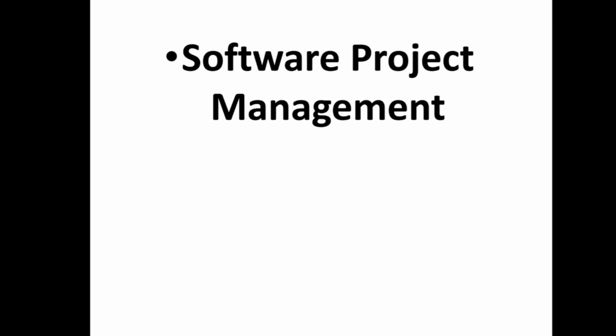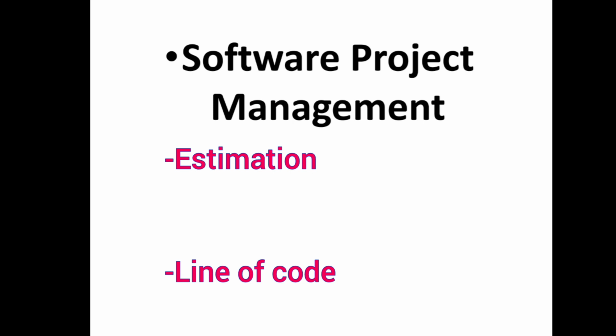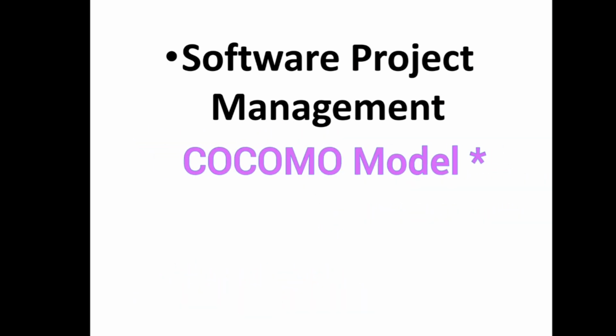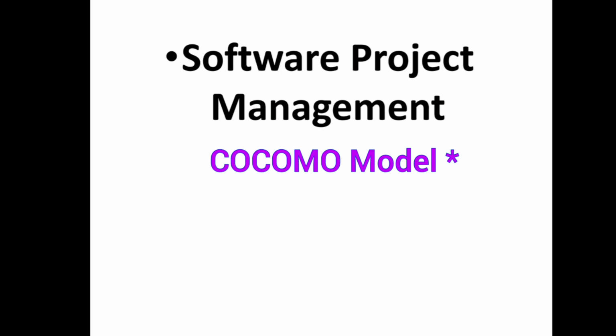So the next main topic is software project management. This is an important topic because here we will talk about estimation and lines of code. When I talk about estimation, there is cost estimation and risk estimation. So this topic will include a few numericals also, and the COCOMO model will also come under this topic.